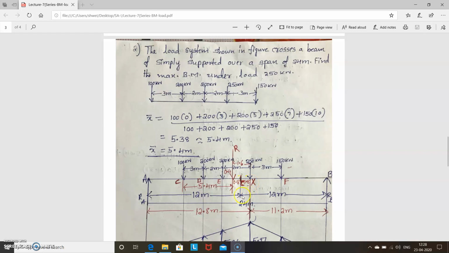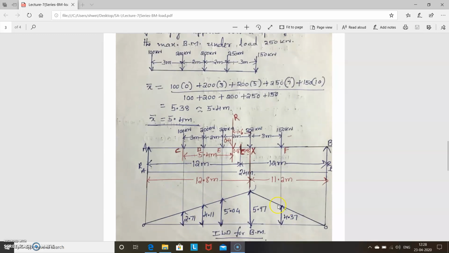So 12 plus 0.8 is 12.8. So from X to A the distance is 12.8 meter. The full span is 24 meter, so 24 minus 12.8 is 11.2. So A to X is 12.8 and X to B is 11.2.